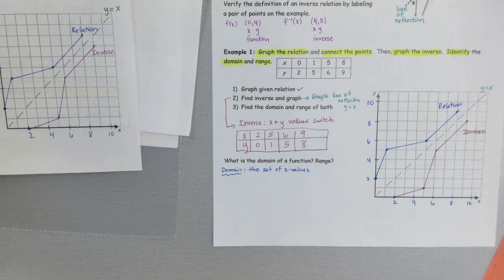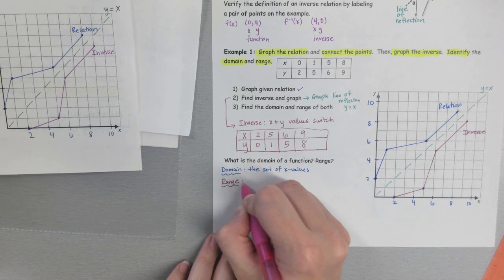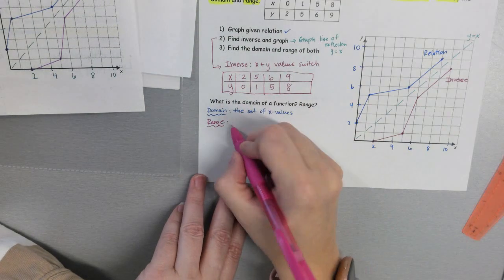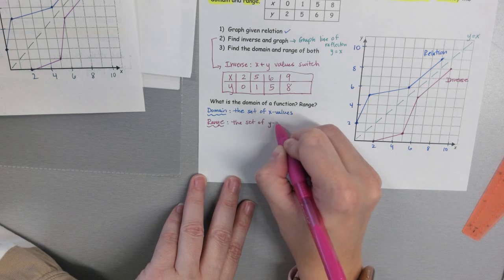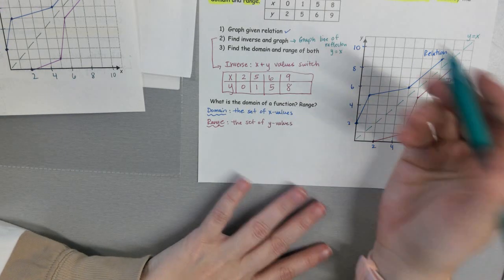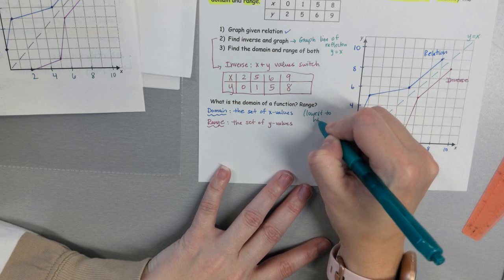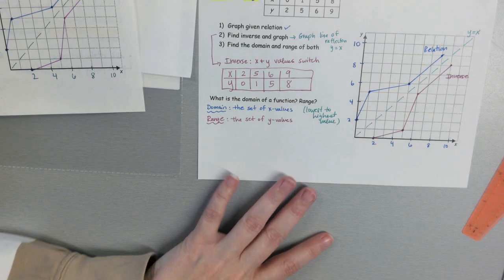Okay, and then the range is going to be the set of y values. Okay, and they're both going to go from the lowest to the highest value in your table.